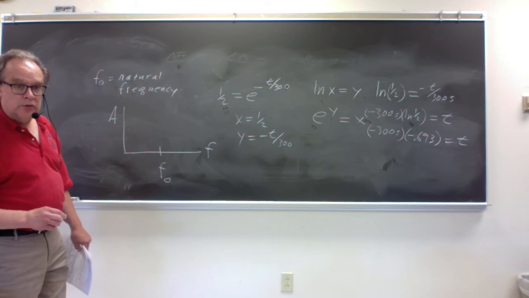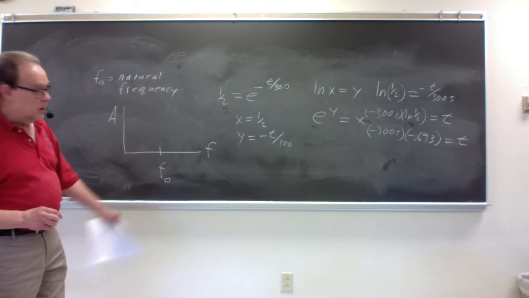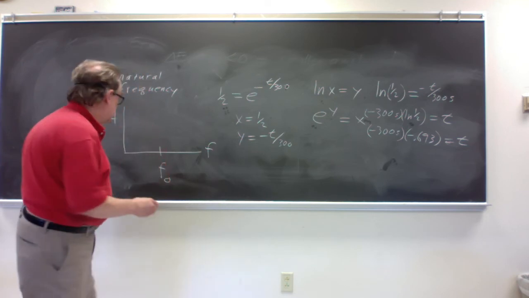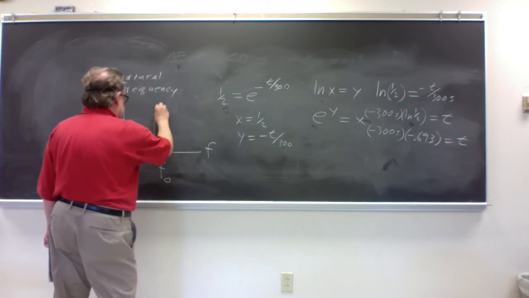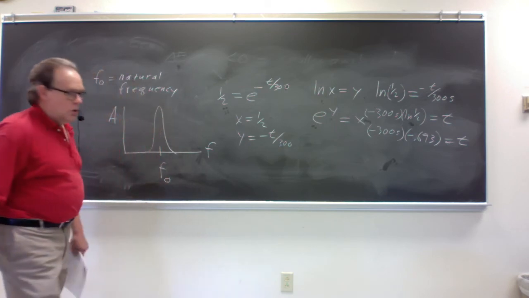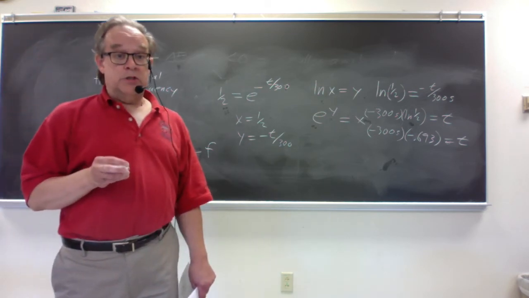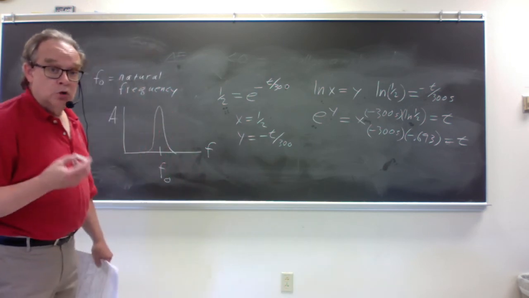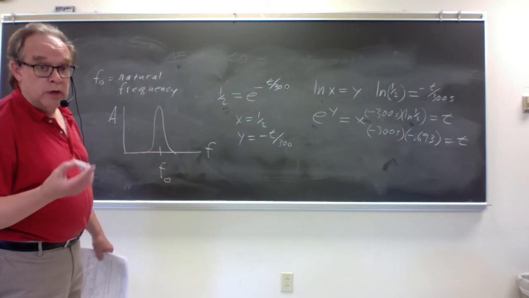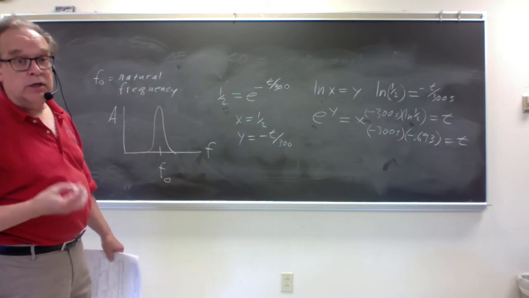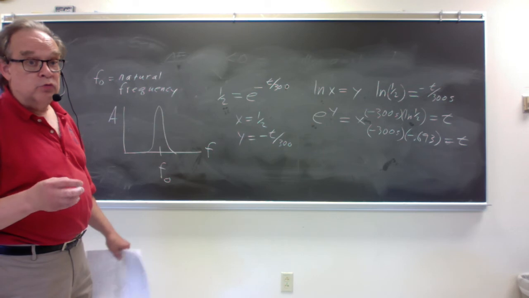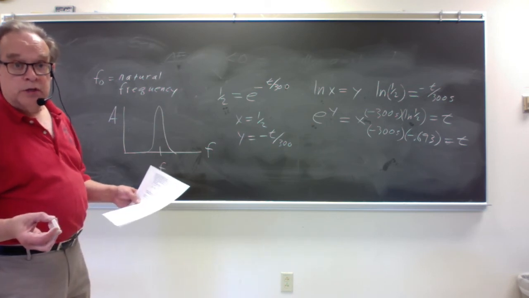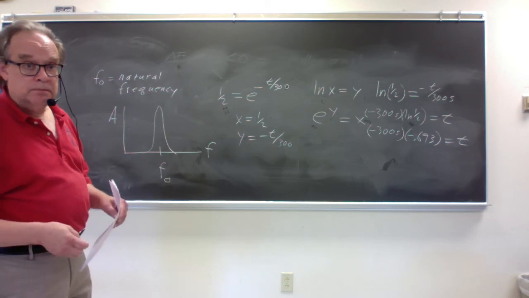For most values of driving frequency, you don't get much of an amplitude at all, but when the driving frequency is equal to the natural frequency, you get the biggest amplitude. When the driving frequency is close to the natural frequency, you can also get some big amplitudes.